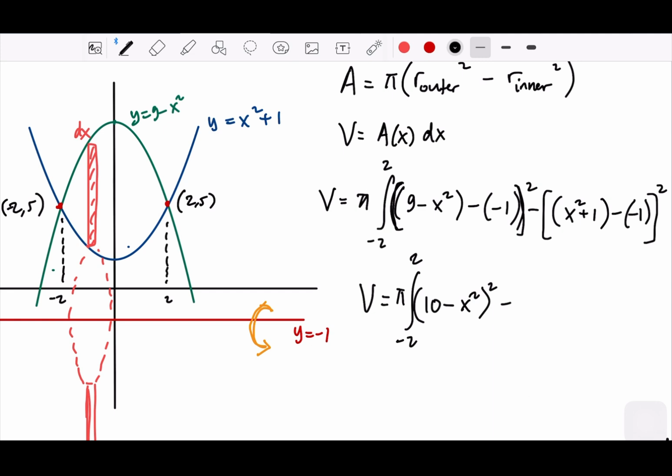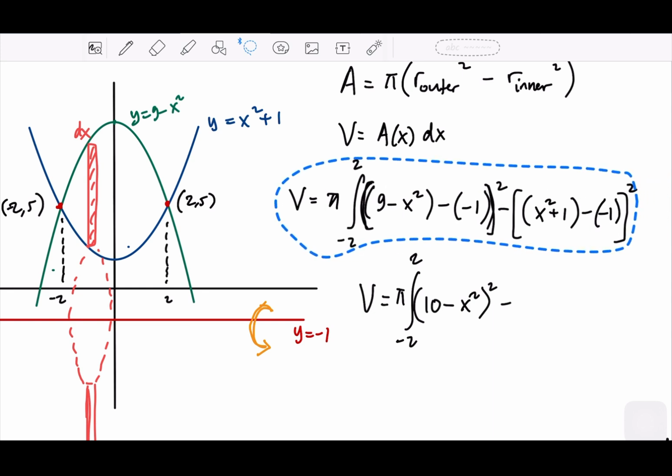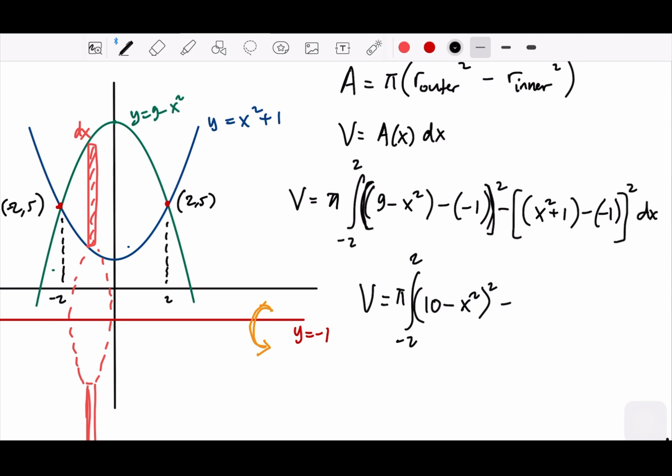Oh, I forgot the dx. So dx. And then this will be x squared plus 2, squared. Then dx.